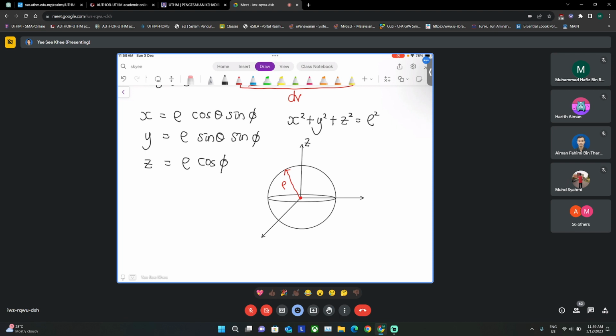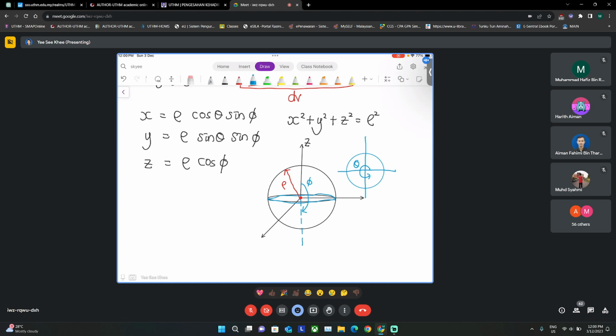This is the z-axis, so phi goes from the z-axis downwards until the negative z. And for theta, the angle will be the same as in the cylindrical coordinate. If you view from the top, theta will be measured from the x-axis, like this. So this is theta.